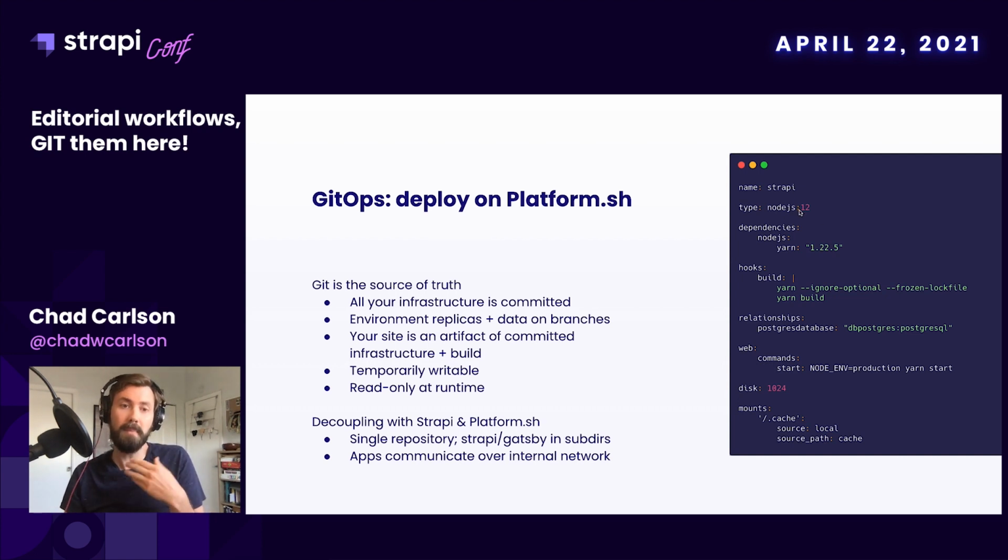And so that means as a committed part of the repository, we can very easily make a branch, and on that branch, upgrade that to Node 14 and test how that goes for our site. And Platform takes care of provisioning each of those environments for each of the branches or pull requests that you have.